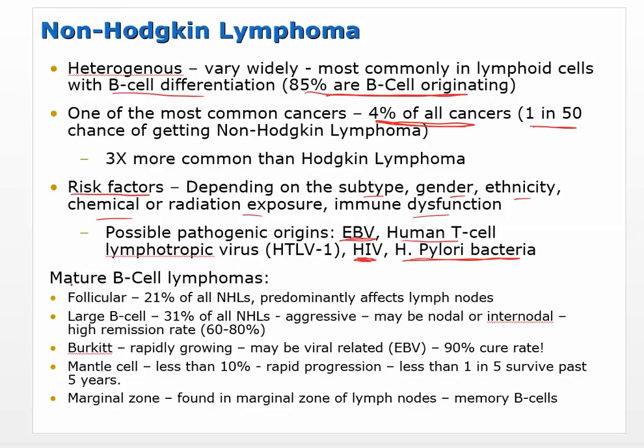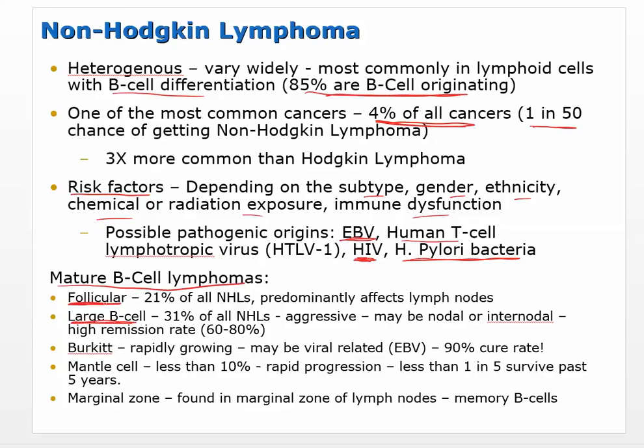Okay, so if we look at specifically some of the B cell lymphomas associated with non-Hodgkin, we can see that some of them are named in ways that kind of make sense. Follicular, okay, so remember those follicles. 21% of all non-Hodgkin lymphomas are follicular. 31% are these large B cell.